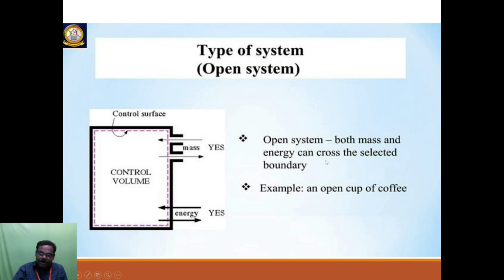For the same cup of coffee, it is an open cup of coffee. An open cup means you can take the coffee, so the mass of the coffee will change. The heat energy also changes. At the first sip, the heat will be more. After two or three minutes, the heat energy will be reduced. So this is called an open system.